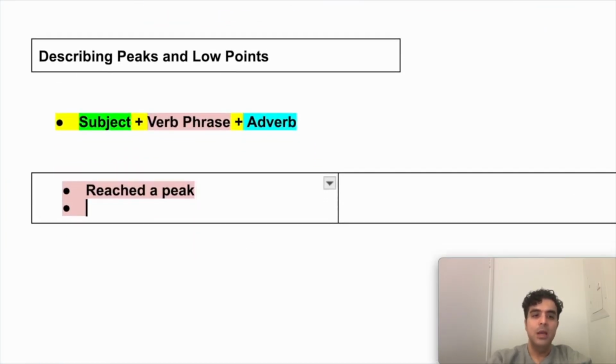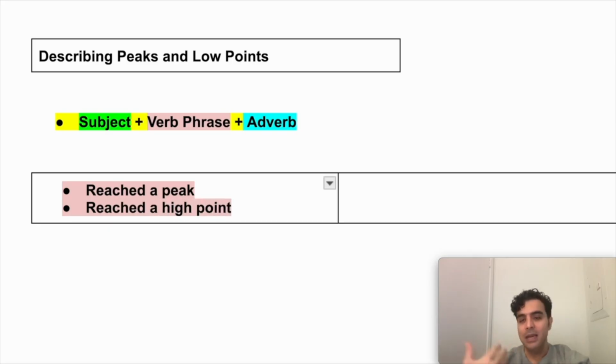What else can we say? We could say it reached, and I'm using the past tense again because most of the sentences that we'll be writing will be in the past because the data has been collected in the past. The few exceptions are when we're talking about the future. And a lot of the time you can adjust the verbs very easily. So instead of saying the number of students reached a peak, you could simply transform it to the number of students will reach a peak.